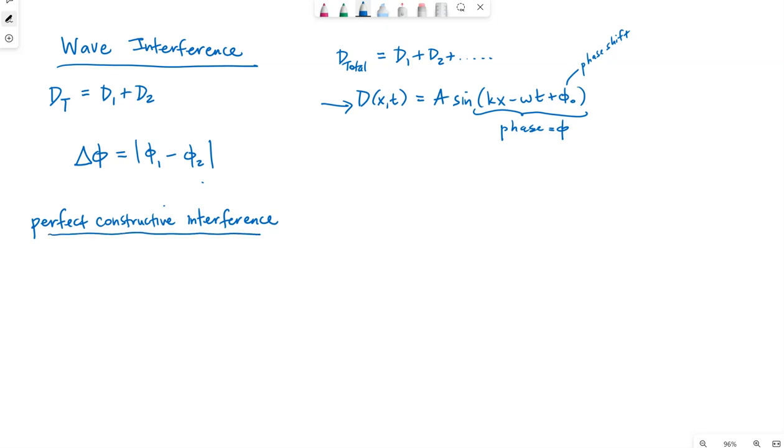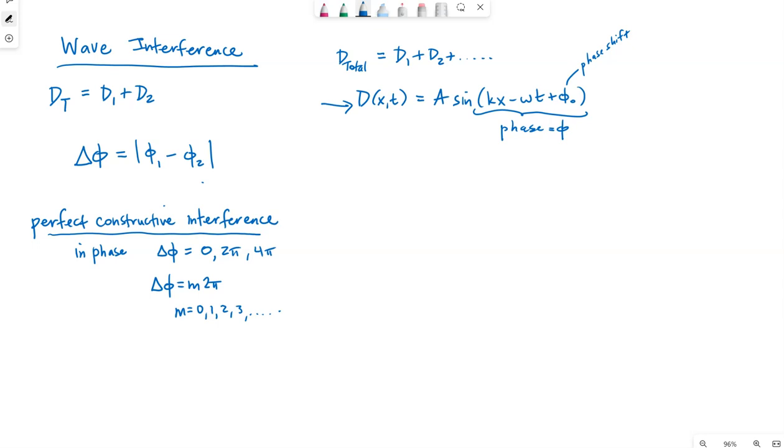To get perfect constructive interference, the waves need to meet up in phase, which leaves us with delta phi of 0, or 2 pi, or 4 pi. We wrote this as a multiple of 2 pi, where m could be 0, 1, 2, 3, so forth.